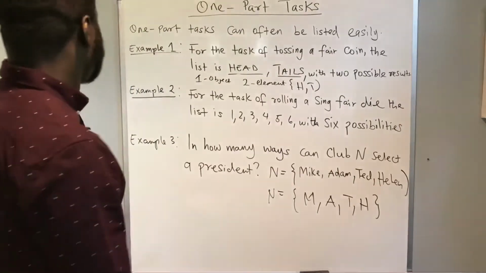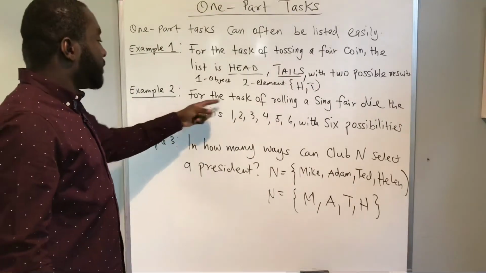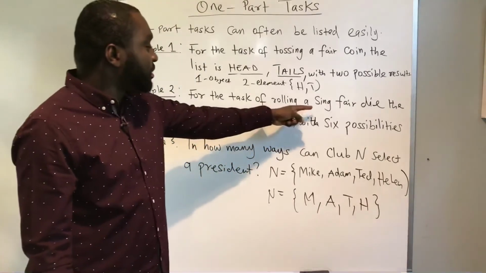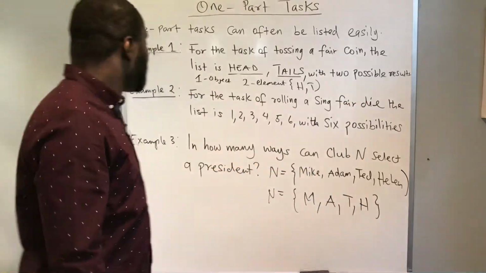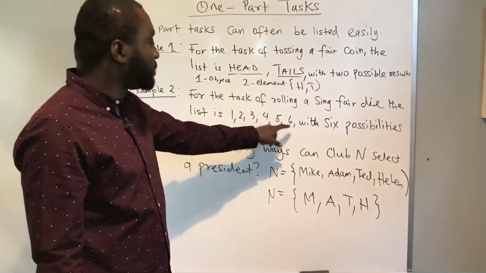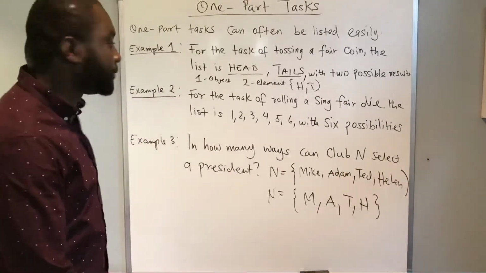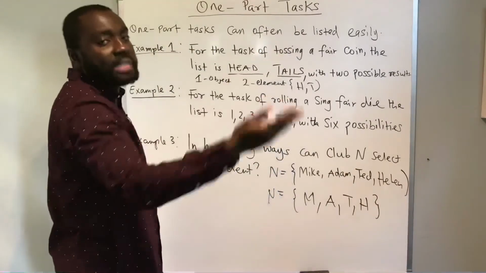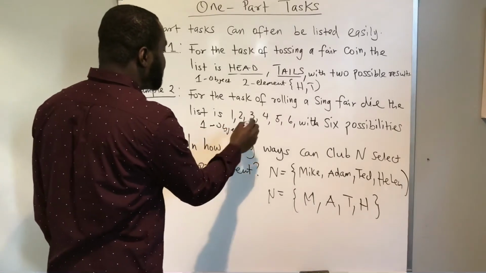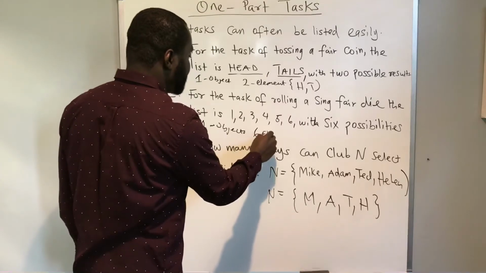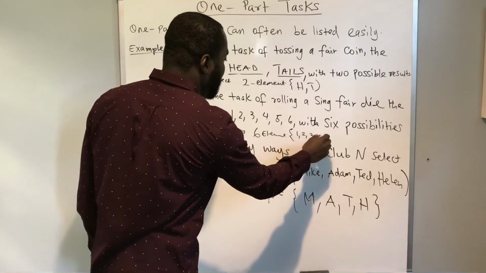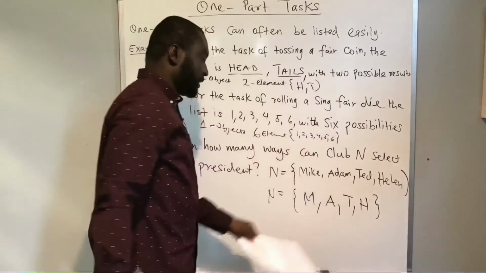Another example is rolling a single fair die. The list is 1, 2, 3, 4, 5, 6, with 6 possibilities. Again, because it's a 1-part task, it's just 1 object with 6 elements. And what are the elements? 1, 2, 3, 4, 5, 6. 6 possibilities.